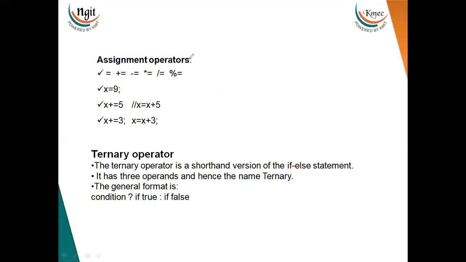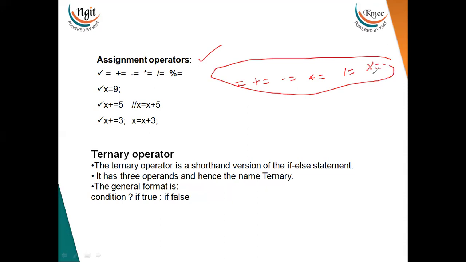Coming to the next operators, they are assignment operators, also called shorthand operators: equal to, plus equal to, minus equal to, multiplication equal to, division equal to, modulo equal to. Here is an example. x equal to 9 means you are assigning 9 to x, storing 9 in x.